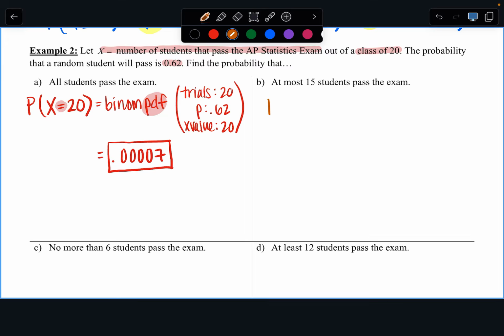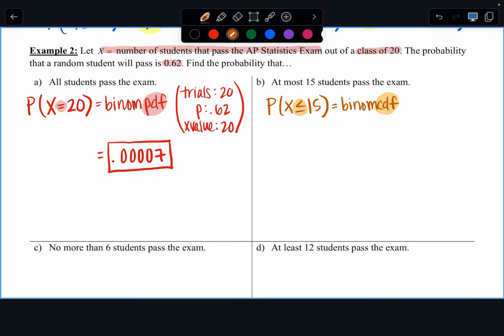So I'm going to say, because it could be 15 or less, the probability that X is less than or equal to 15. So when I go in to write this, it is not going to be a PDF, but since it's a less than, it can be a binom CDF. Again, anything that is less than can go directly into your calculator as is.